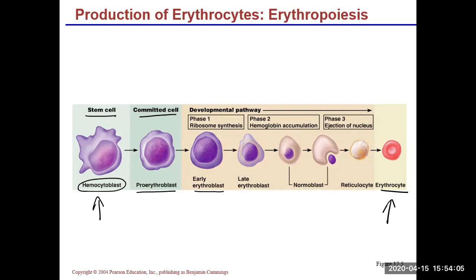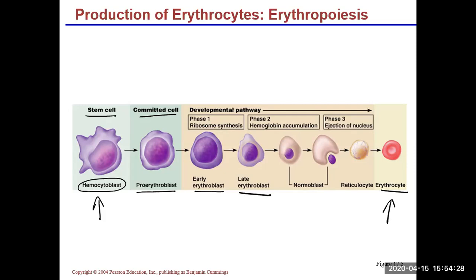Stage one, ribosome synthesis happens in an early erythroblast. In other words, as you know, ribosomes are made in the nucleolus, and the ribosome is a site of protein synthesis. So you're trying to set the stage for protein synthesis. Next up, we get the hemoglobin accumulation in the late erythroblast.